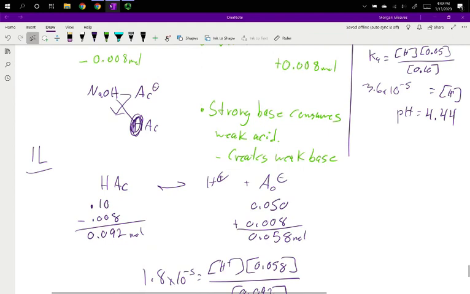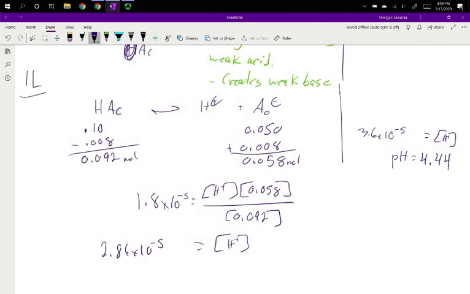So previously, at the start, we had an H plus of 3.6 times 10 to the minus 5. Now it's 2.8 for our concentration of H+. Our pH then is 4.54 for our new one.